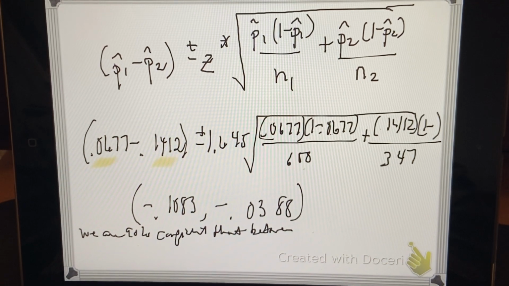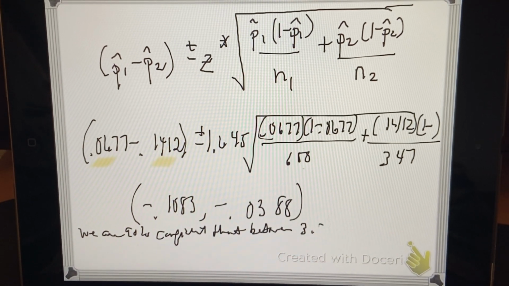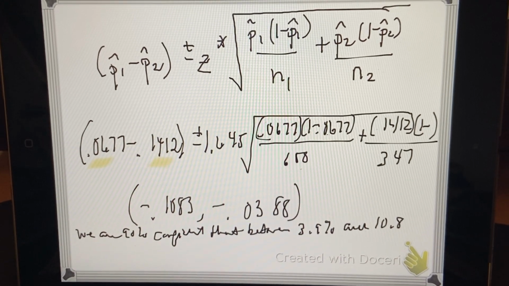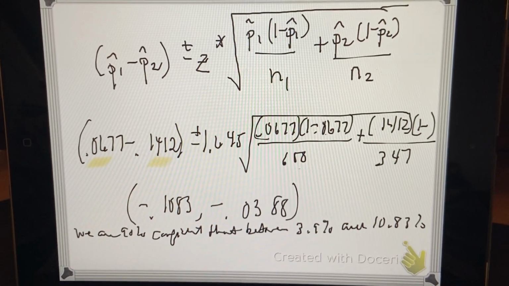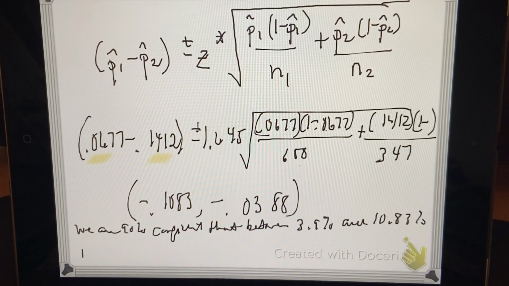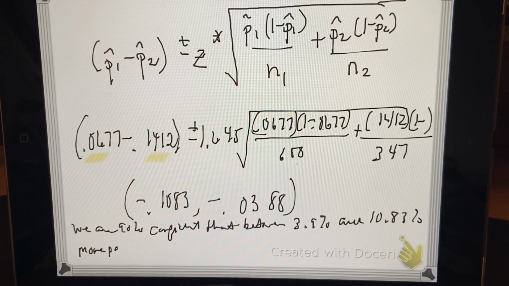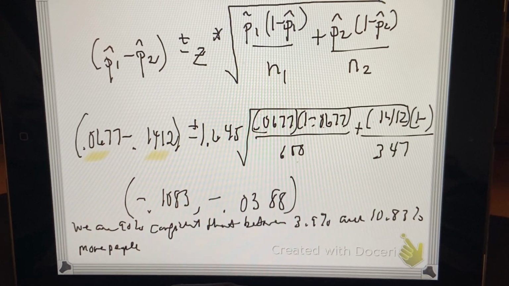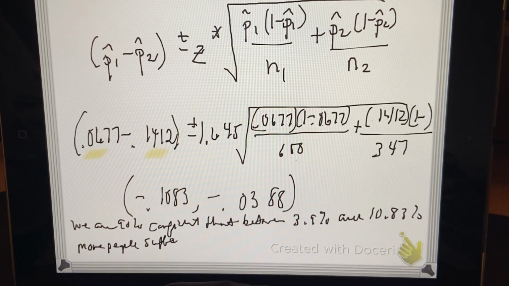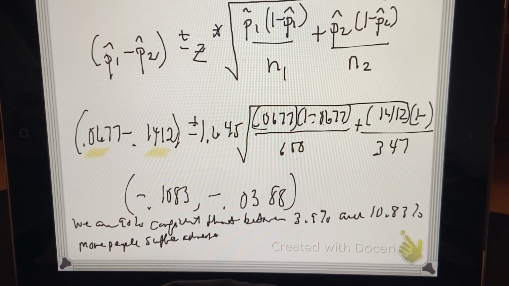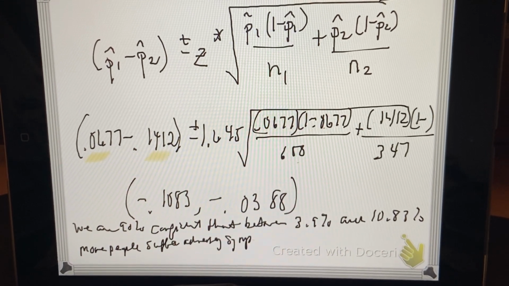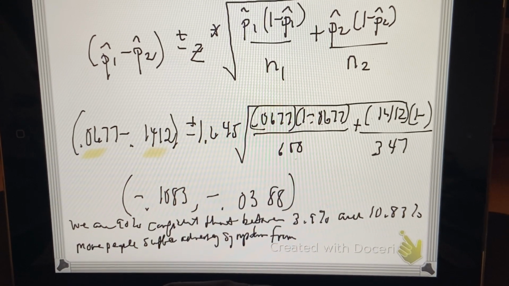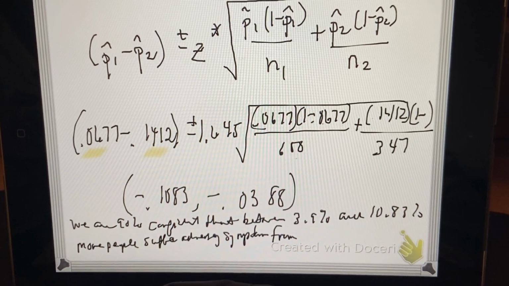I just told you. 3.9% and 10.83% more people suffer adverse symptoms from, now, who dominated the sign?